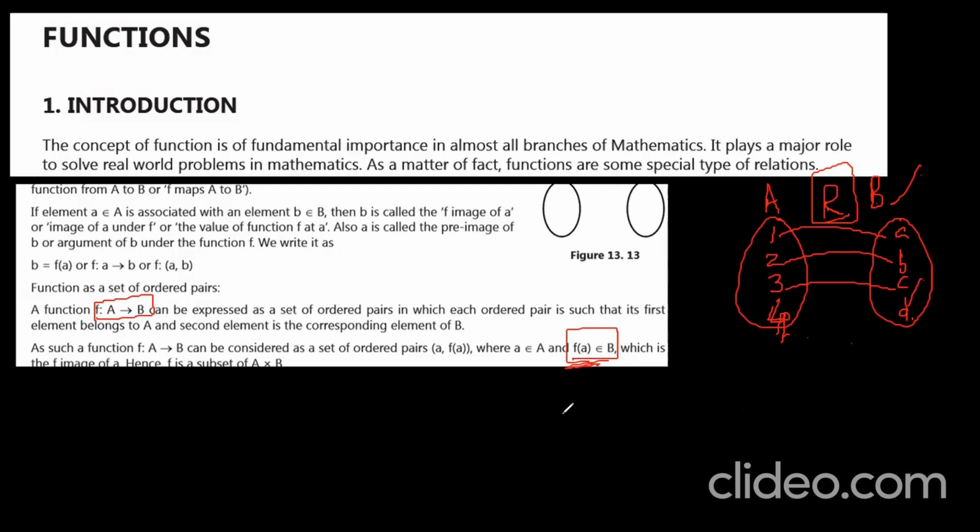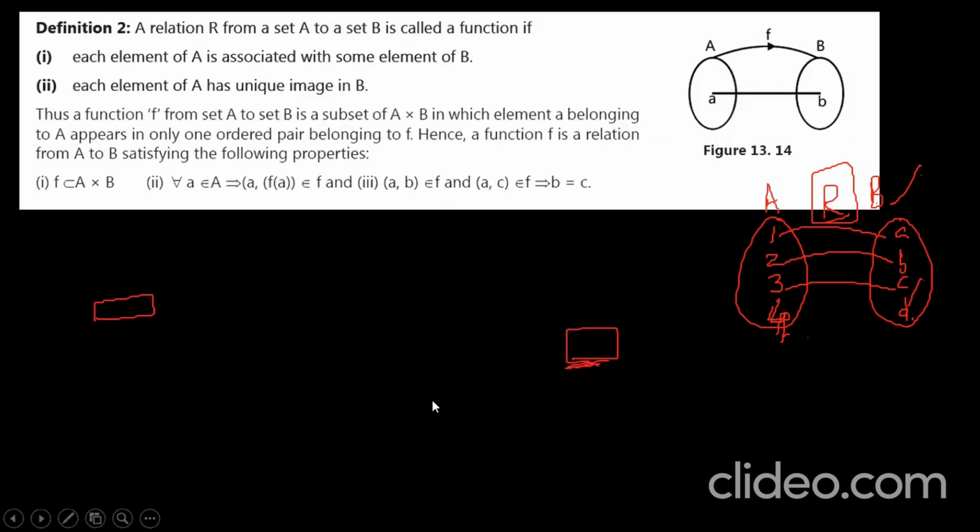If you see the definition too, you will get a clear idea. You observe, each element of A is associated with some element of B. You should not leave any element like this, so it may not be a function.